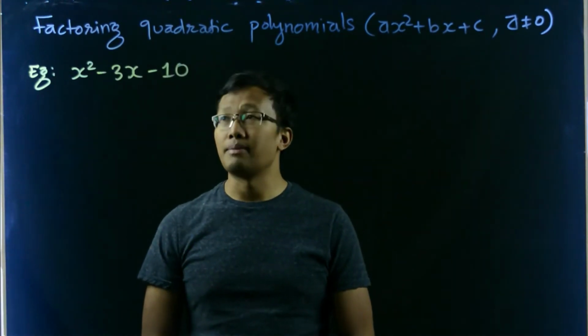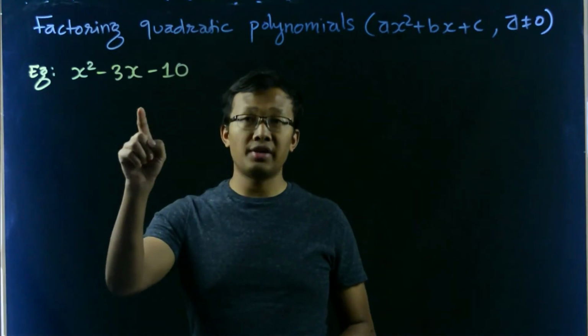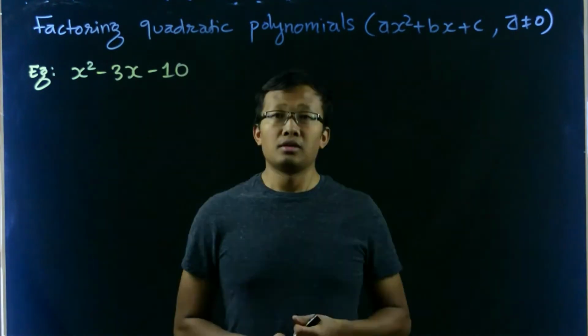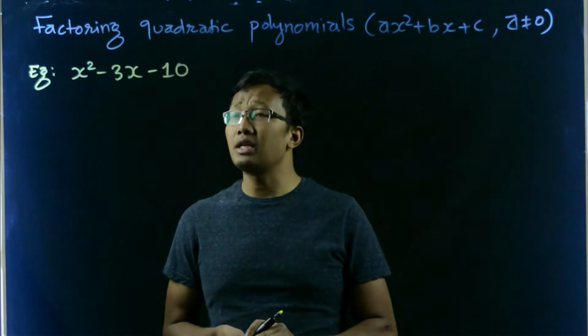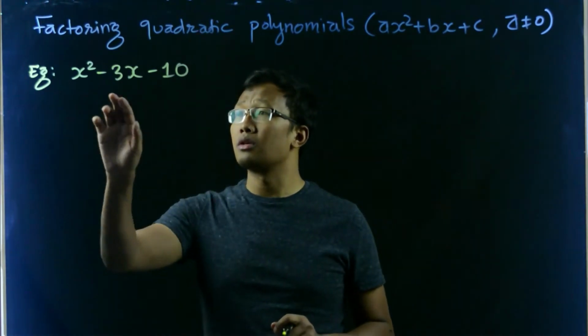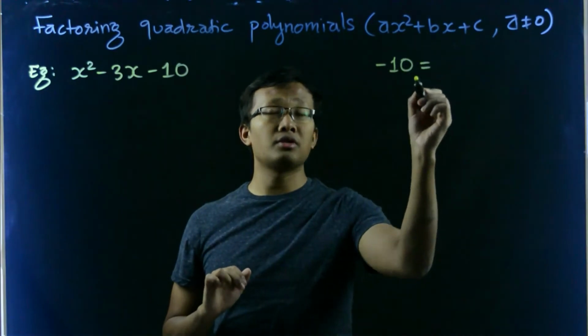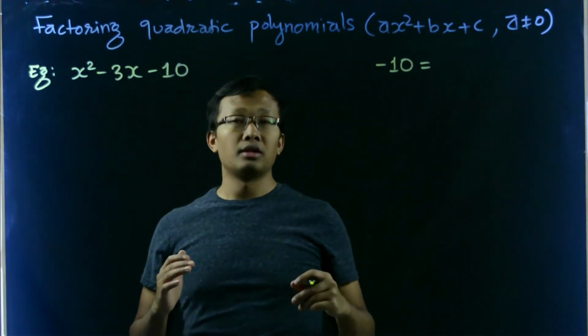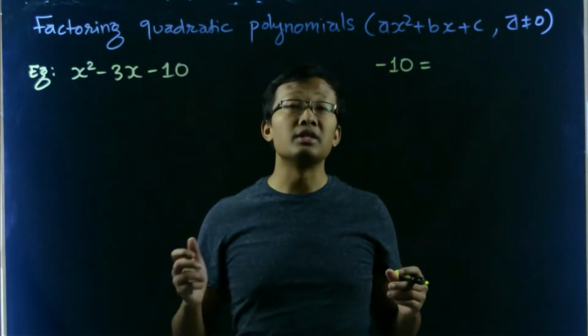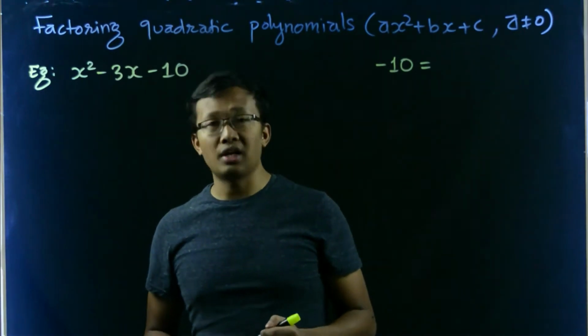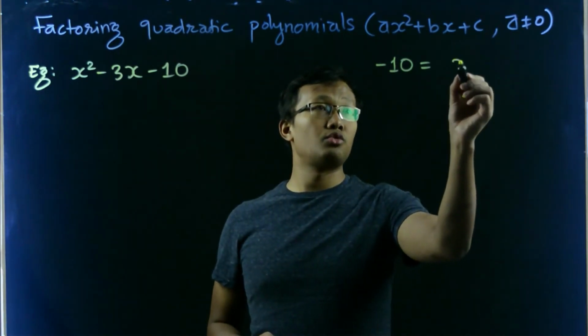Let's take another example: x² − 3x − 10. Here, −10 times 1 is −10. Let us factor it out in such a way that the sum of the two factors will give us negative 3. We know that 10 can be factored as 2 times 5.